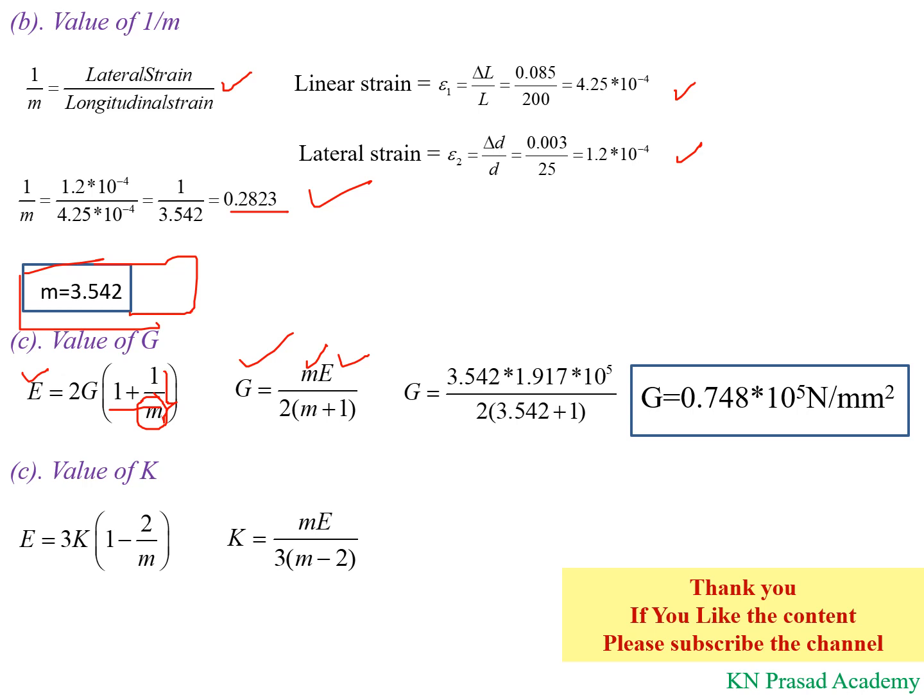Here we substitute the M value and E value. Then we get the K value as 1.468 into 10 to the power of 5 Newton per mm square. Thank you.